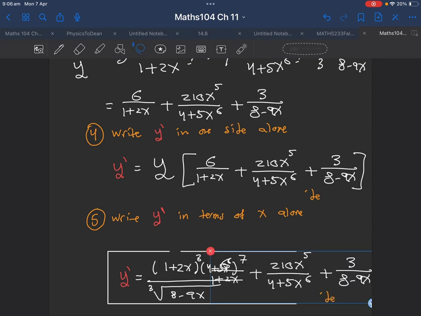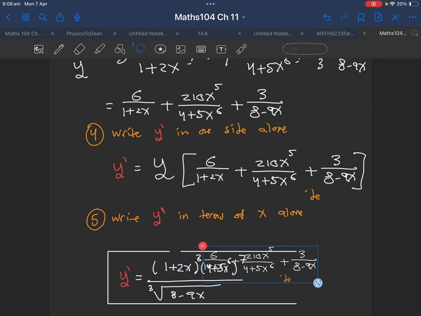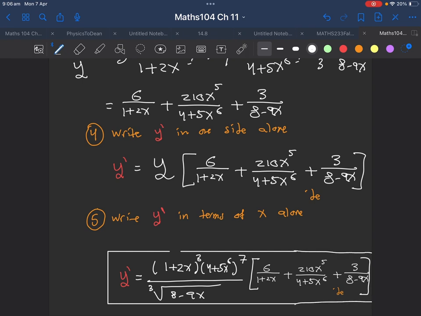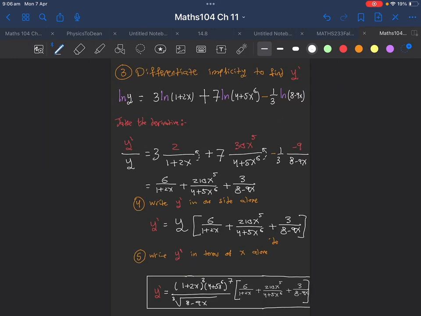All you need to do is just whatever we pasted before, we write it down with it. And that's it. And that's how we find the logarithmic differentiation.